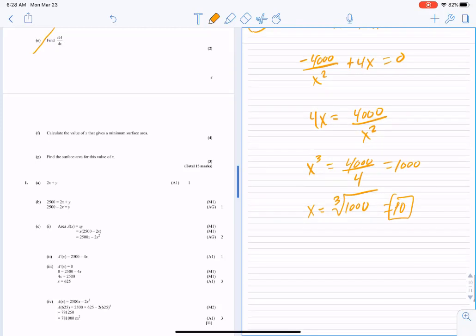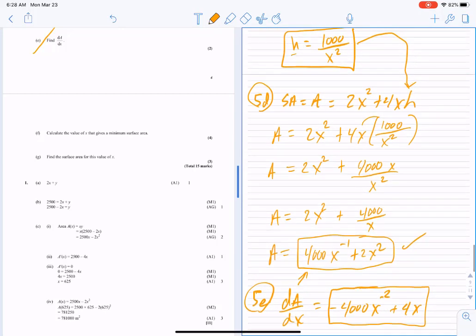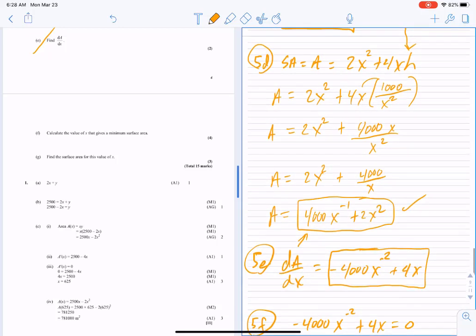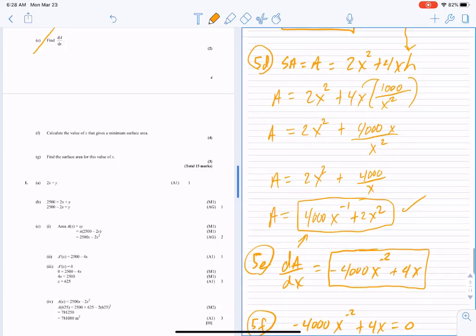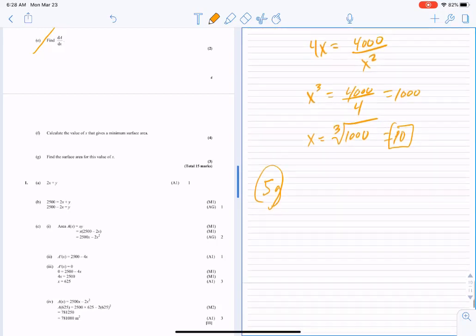So the surface area, we had a formula for. This is the last question. Finally, we got to it. It was back up here, 2x squared plus 4xh. Or we even rewrote it right here as 2x squared plus 4,000 over x. So let's do that. I'm going to just plug in this x right there.